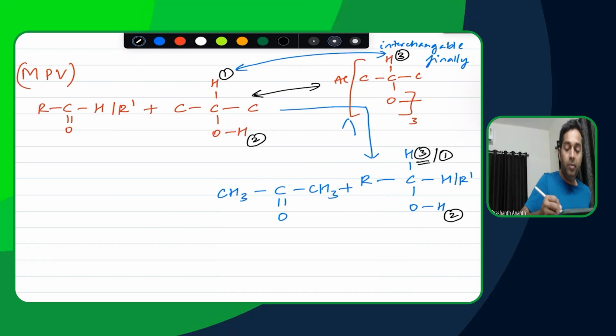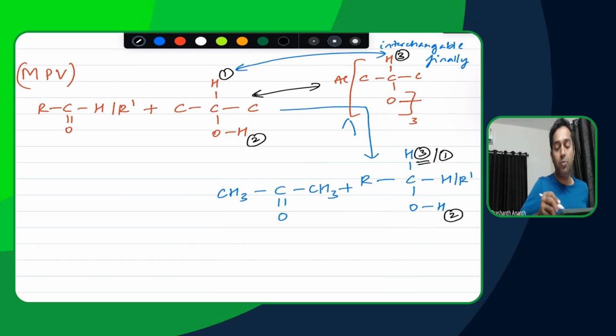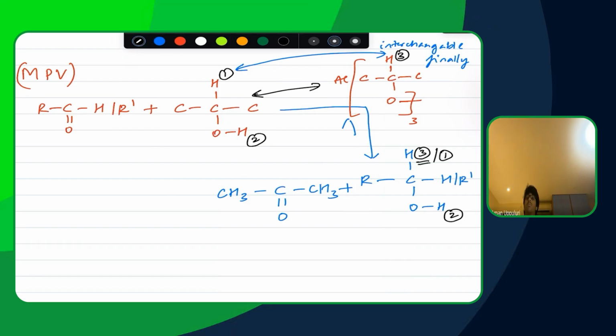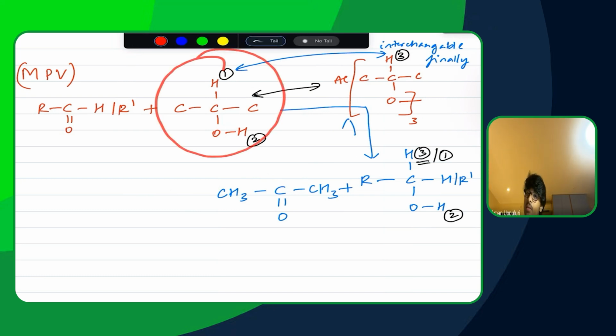When this aluminum isopropoxide gets consumed, more and more of the isopropyl alcohol will react with the aluminum to give more isopropoxide. As that becomes isopropoxide, the 1 will become 3 there, obviously. Why? Because this one, which is present here, is supplying and losing the hydrogen.